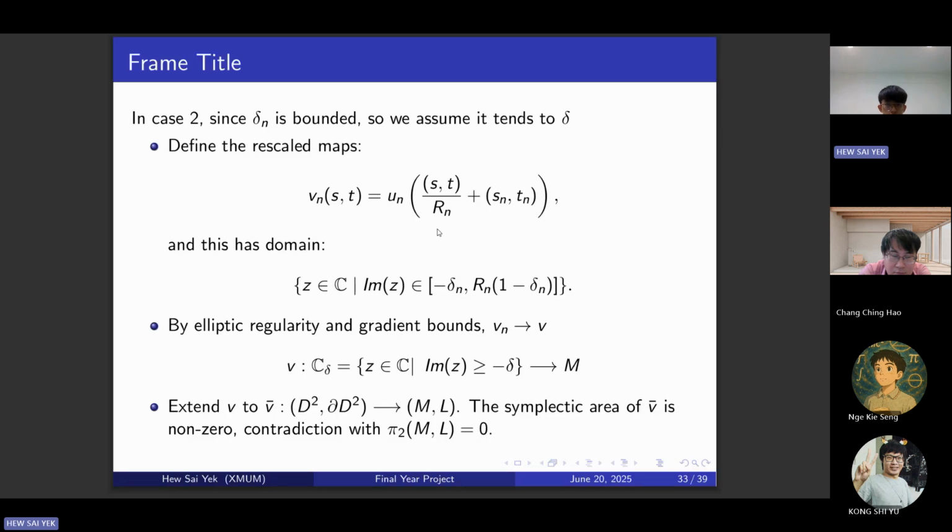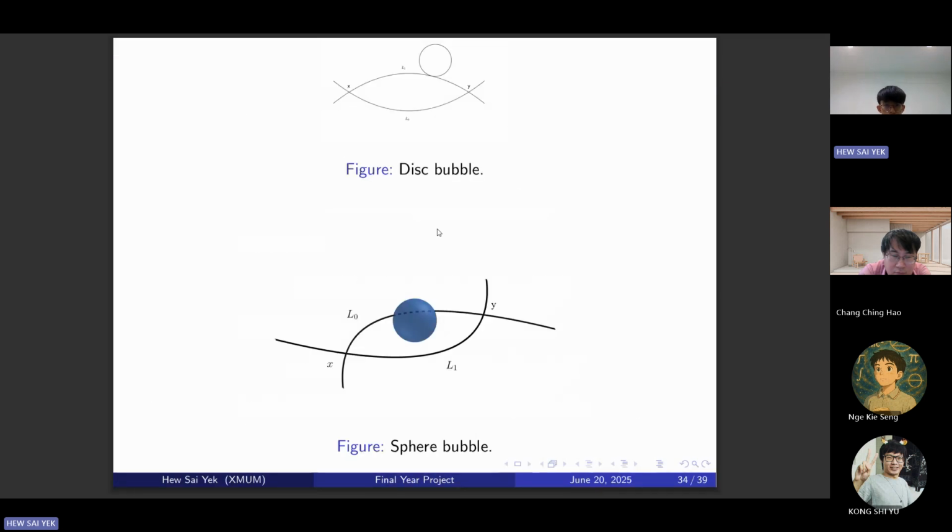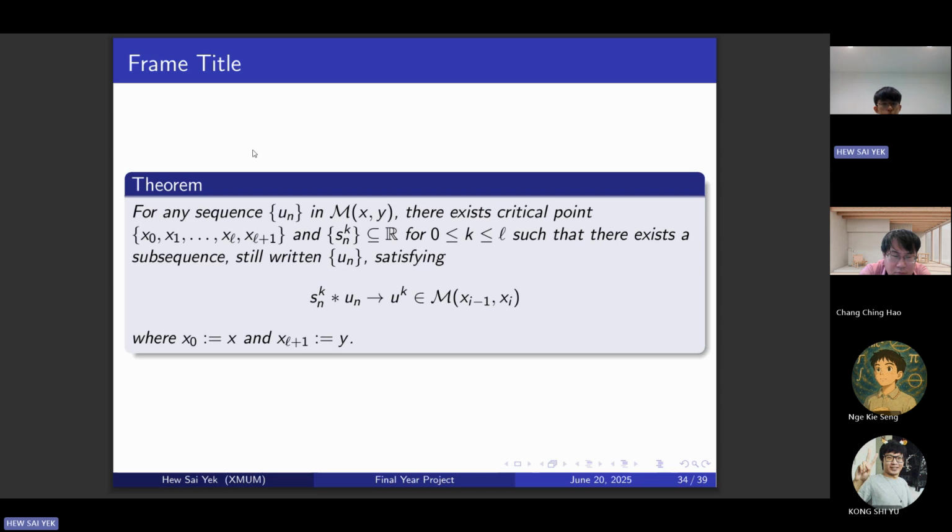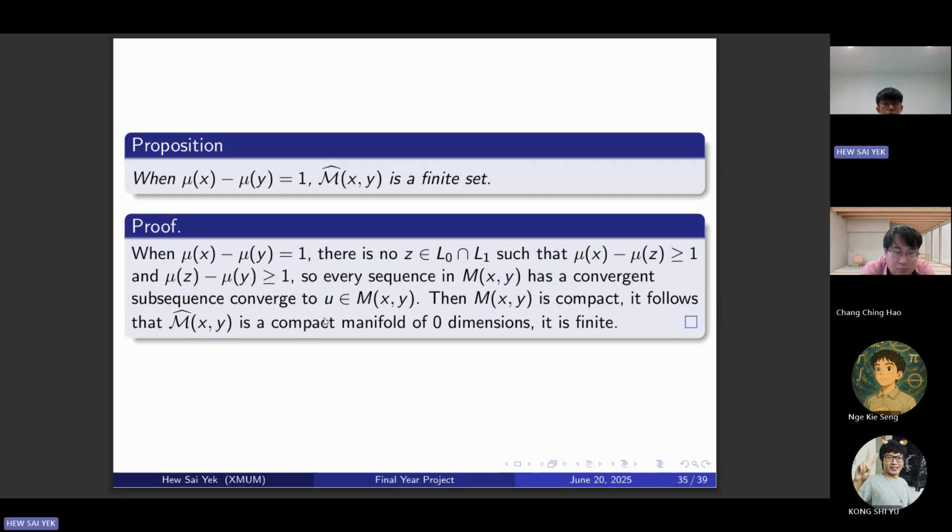So finally, we have proved the Gromov compactness: more generally, a subsequence of the sequence of U_n converges to a broken trajectory. When the difference of indices of Ux and Uy equals 1, the moduli space is a finite set.